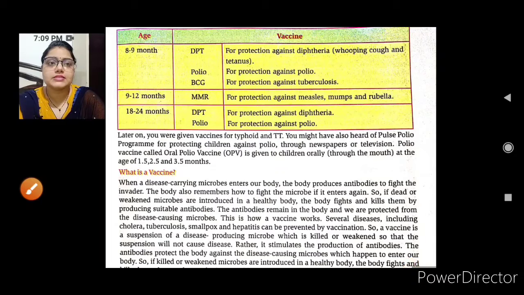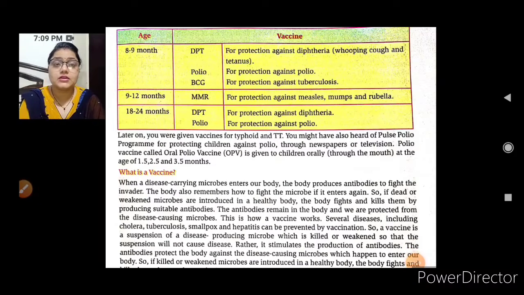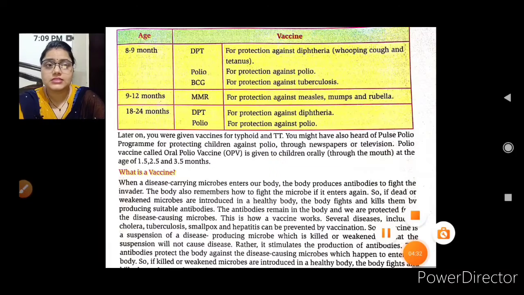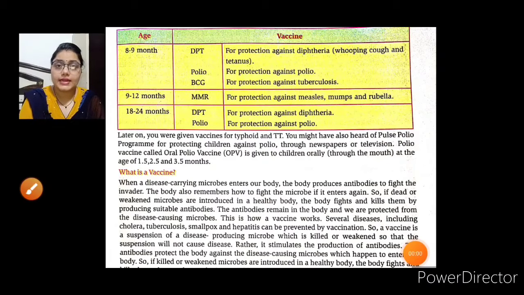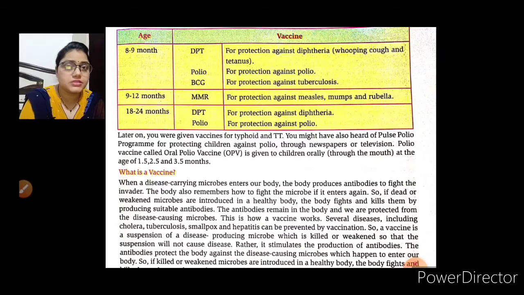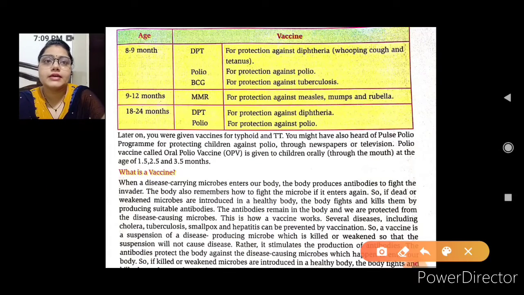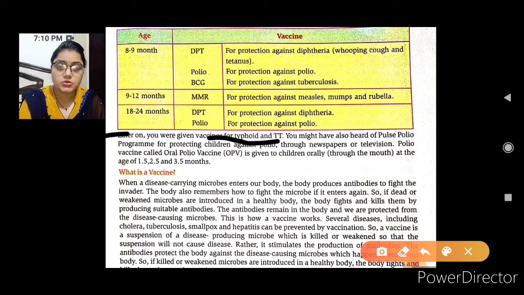So here we can say that 3 age groups have different vaccines: DPT, polio and BCG for 8 to 9 months, MMR for 9 to 12 months, and from 18 to 24 months DPT and polio again. Later on, vaccines for typhoid and TT are given.